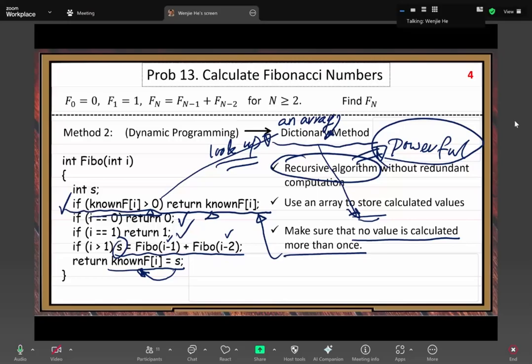But at the same time, you find the value of the current Fibonacci number. For each number, you make sure you only calculate it once. So this is the main idea of dynamic programming.